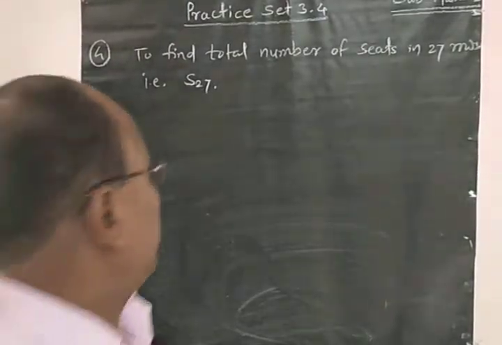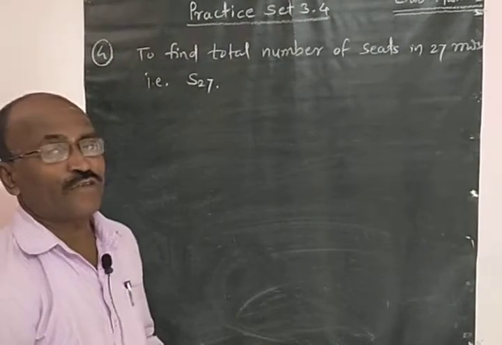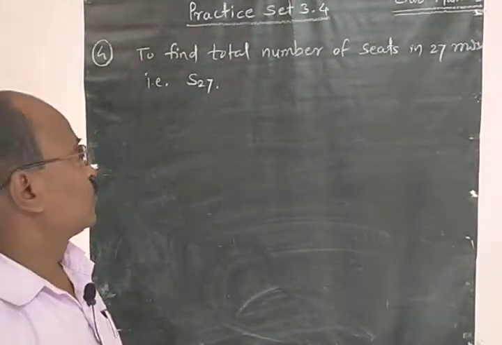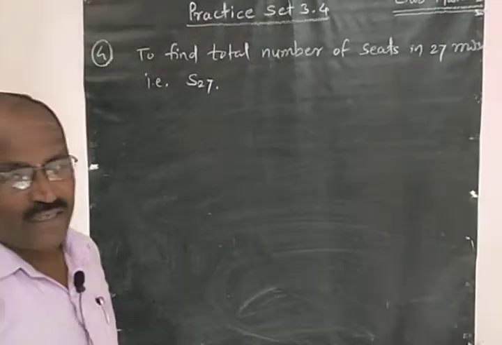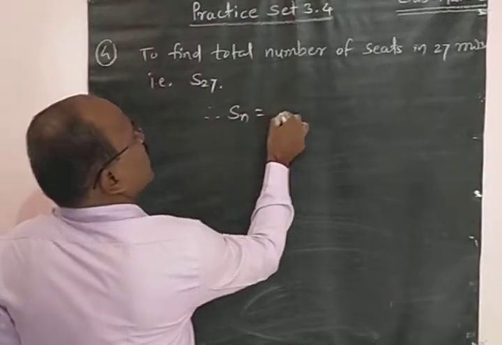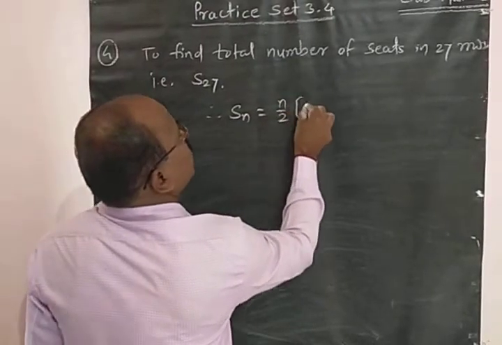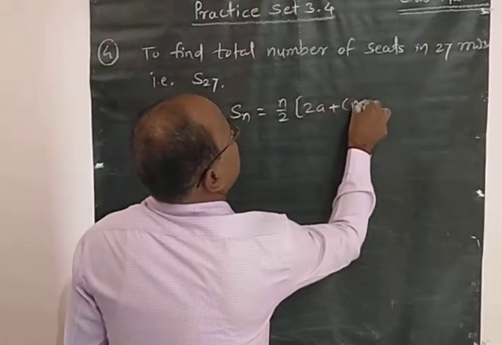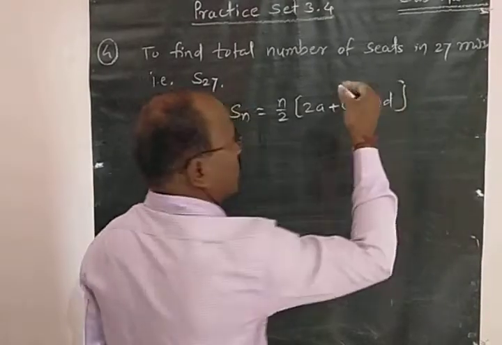So let us find the total number of seats in 27 rows. That means S27. Therefore use here the Sn formula. Sn is equal to n by 2 into 2a plus n minus 1 into d.